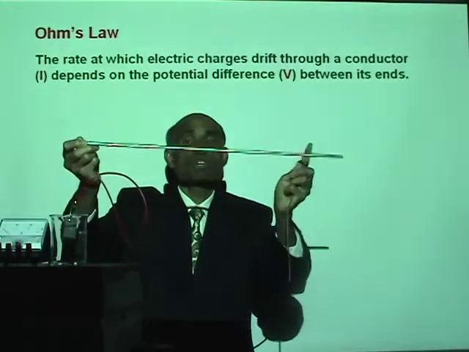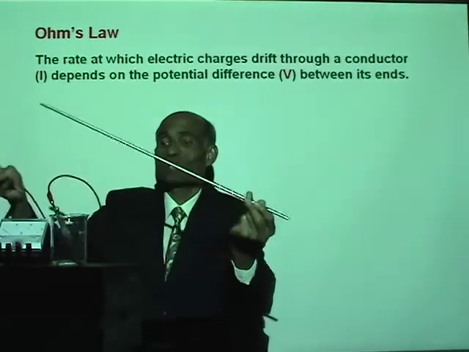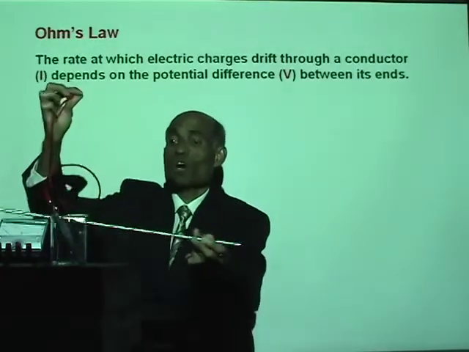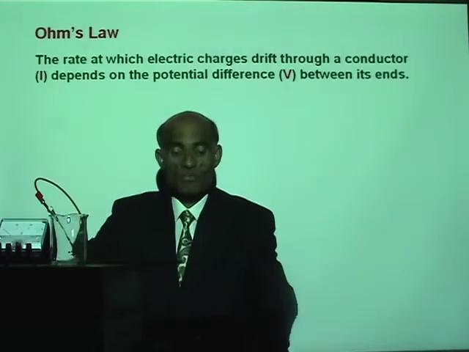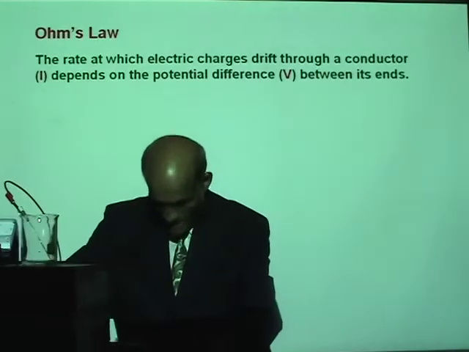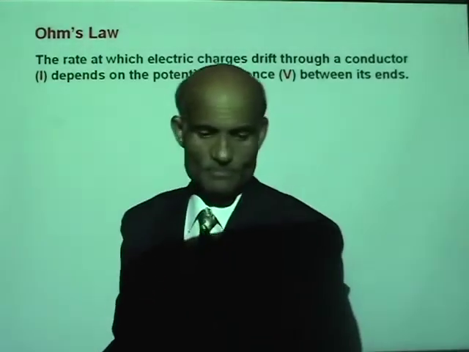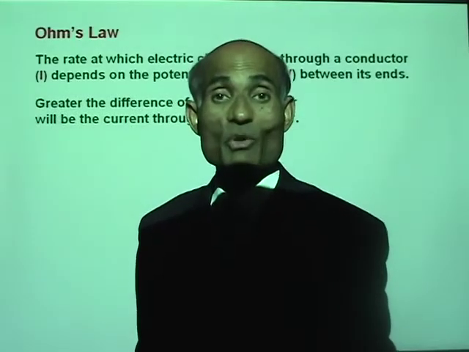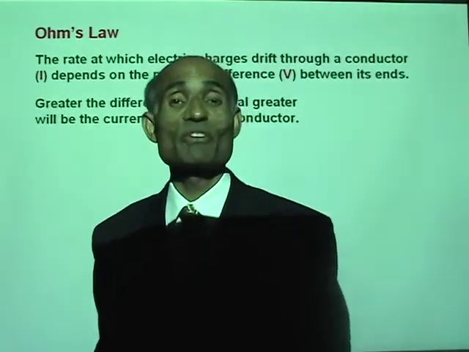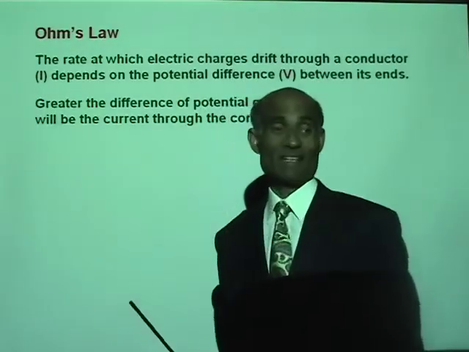And that potential difference will make a current flow in this conductor. And Ohm's law gives us a relationship between potential difference and current in a conductor. Now that means greater the potential difference, greater will be the current through the conductor.